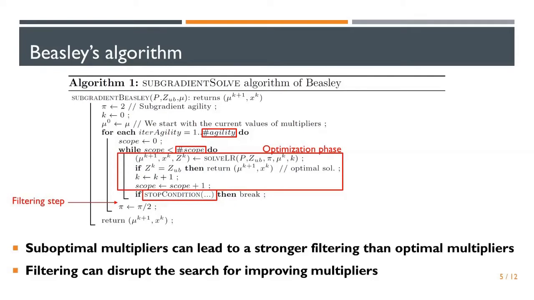During the optimization phase, it calls the function solveLR, which computes the optimal value of the Lagrangian relaxation for a given set of multipliers and defines the new multipliers. It is also useful in practice to have the function stopCondition, which takes some parameters and tests if some stopping conditions of the current loop are met.